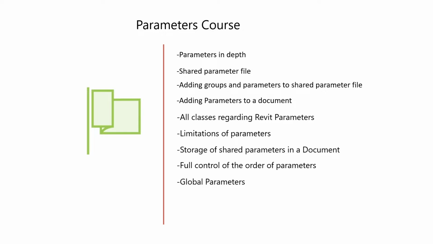Also, what is quite important whenever you learn any topic regarding Revit API, you need to know how to reuse that code, how to make it easier for other people to use it, and make it readable. So we're going to create extension methods for working with parameters, because usually it's a lot of information. When you learn about a lot of things, it's basically a lot to grasp right off the bat.